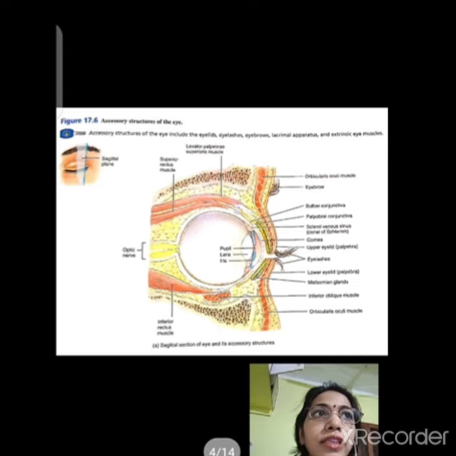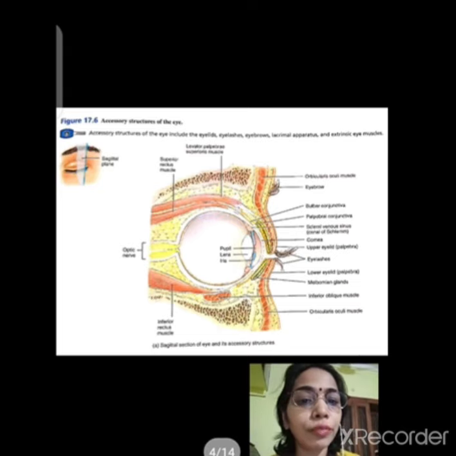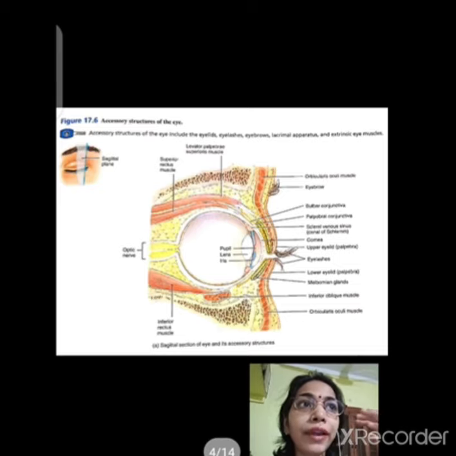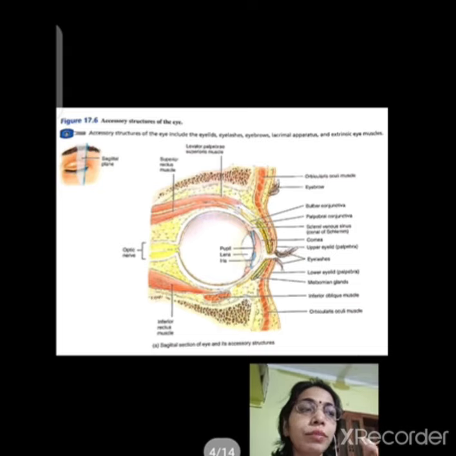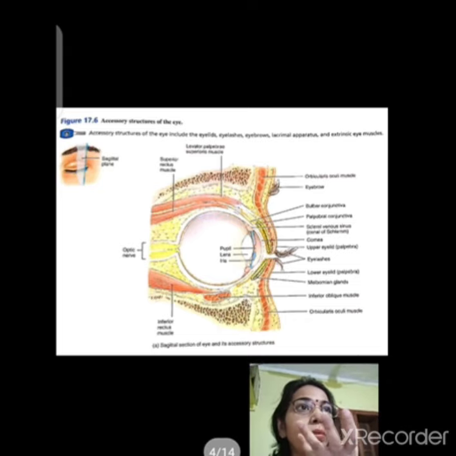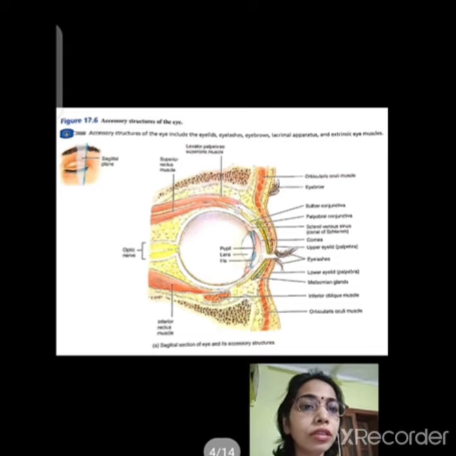If I am looking laterally to my right side, my right eye's lateral rectus is active, producing lateral movement of the eyeball, and in my left eye my medial rectus is active, because these movements are simultaneous. You cannot move both eyes in different directions. Both eyes will look in the same direction. This is the key rule.